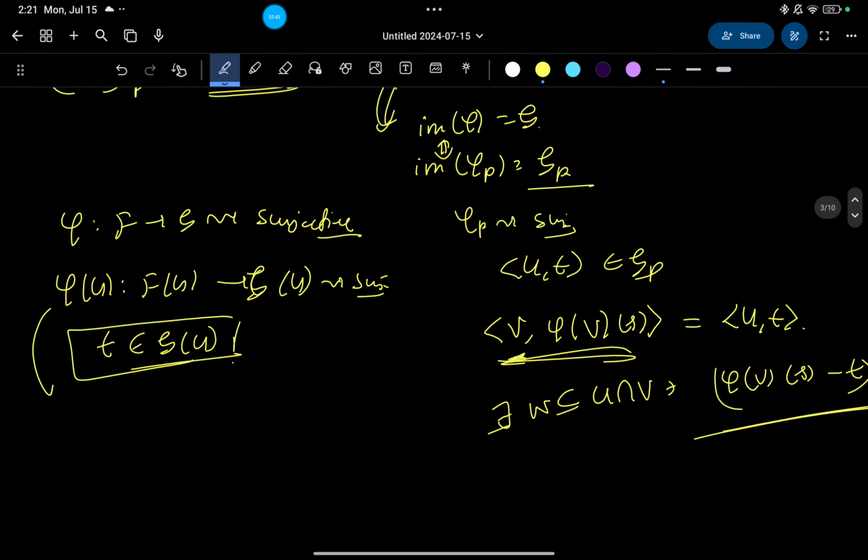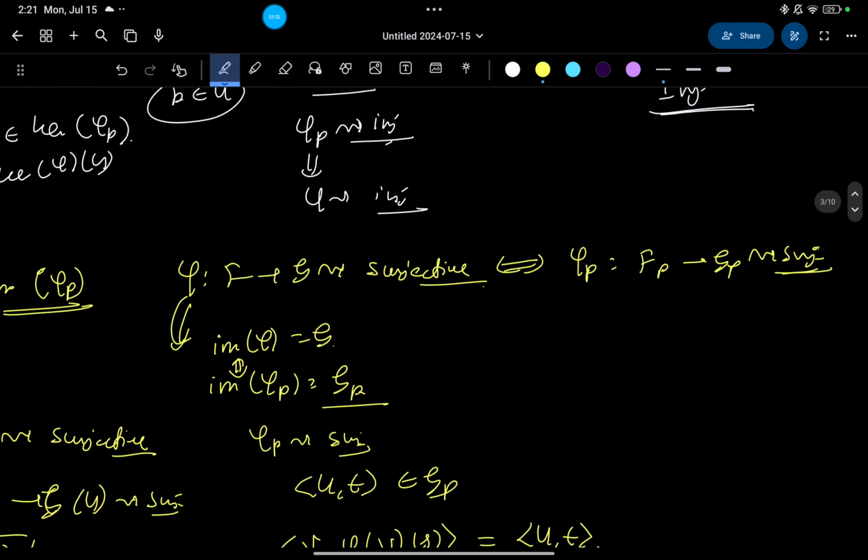So it means at open set level it may not be surjective, but the converse may be true always.